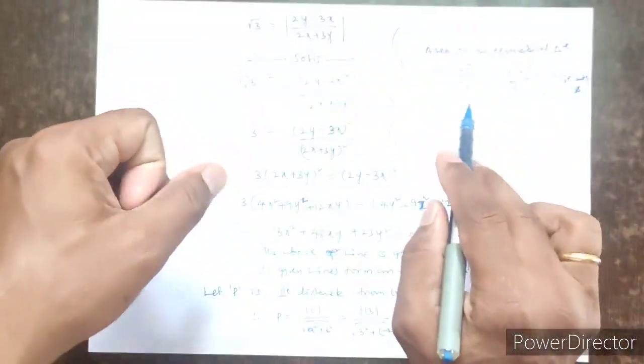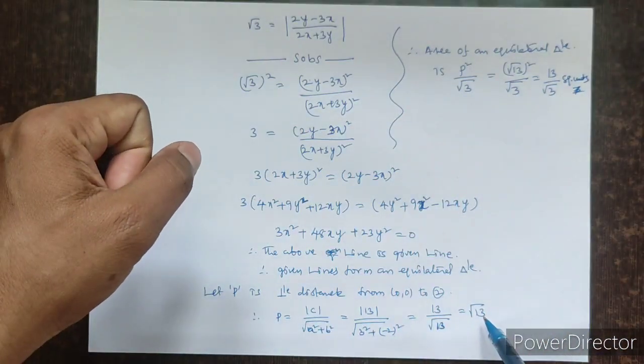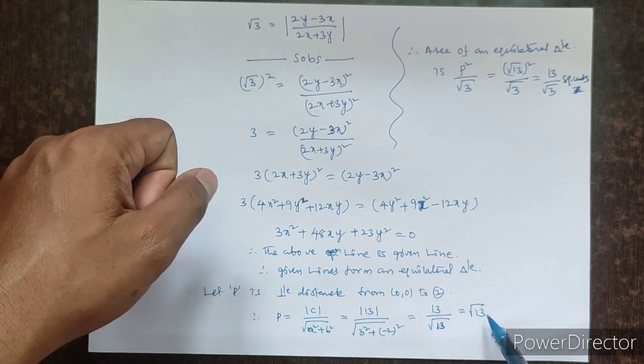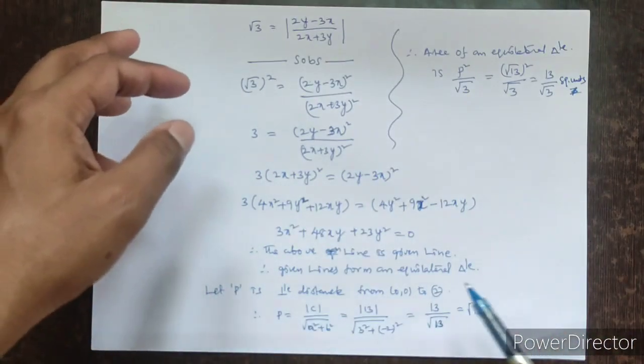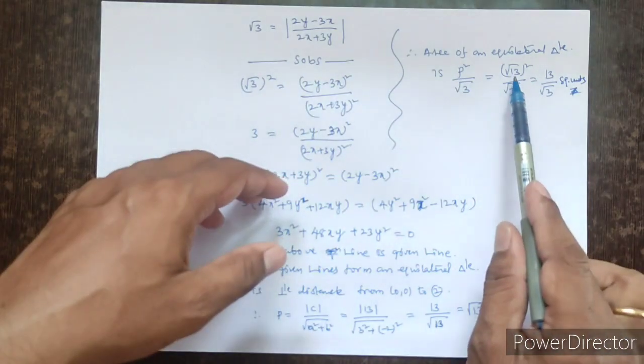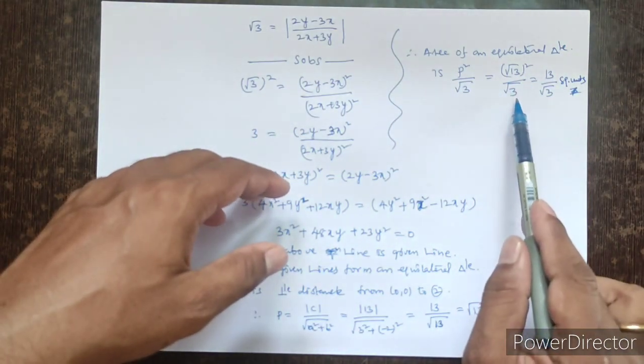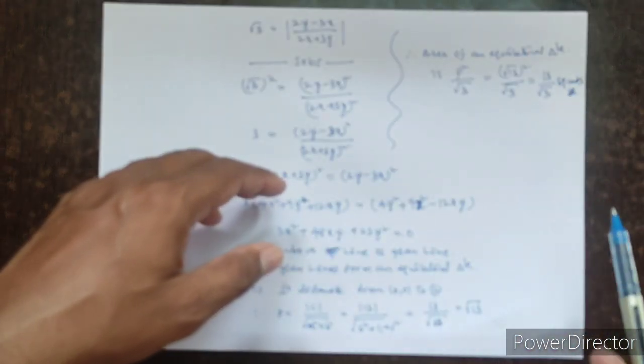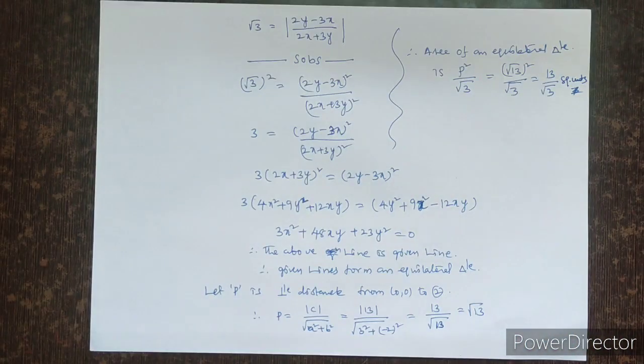P square is root 13 whole square. So 13 by root 3 is the area of the equilateral triangle formed by the given lines, in square units. Thank you.